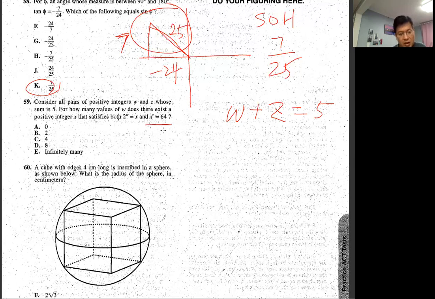Okay, so something that we can think about here, like x to the z, the possibility of that is, 64 can be 8 squared, or 2 to the 6th power. Any other option? I don't think so.